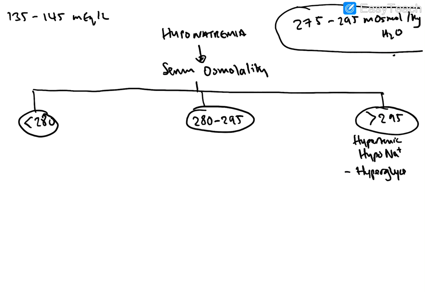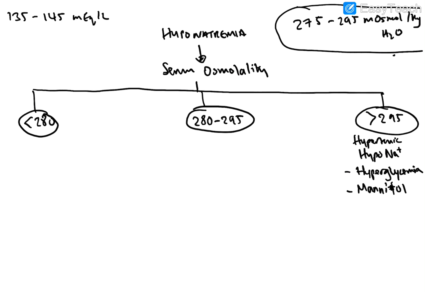So you would see this in conditions like, for example, HHS, hyperglycemic hyperosmolar state. You can also see it in use of mannitol. Now, mannitol is an osmotic diuretic that can be used to lower intracranial pressure. Okay? So this would be hypertonic hyponatremia.